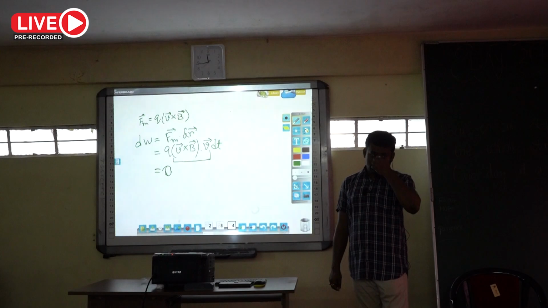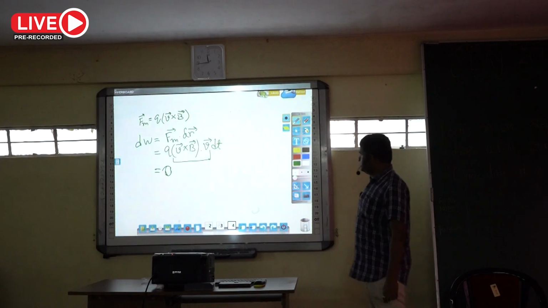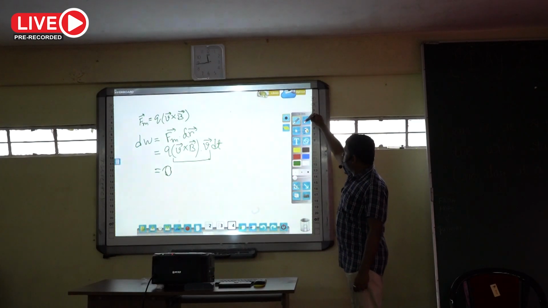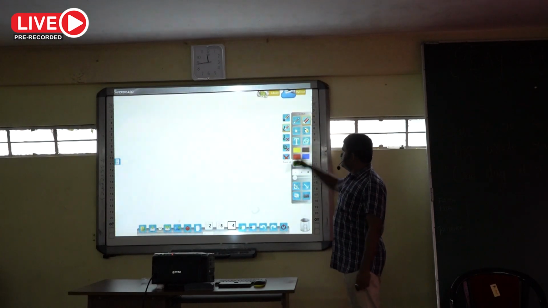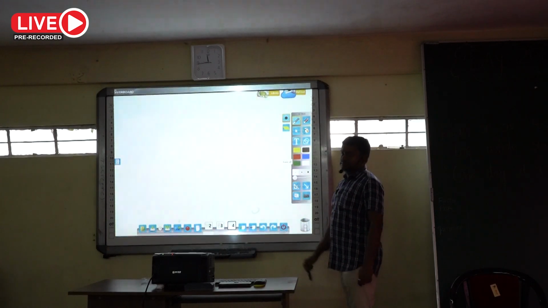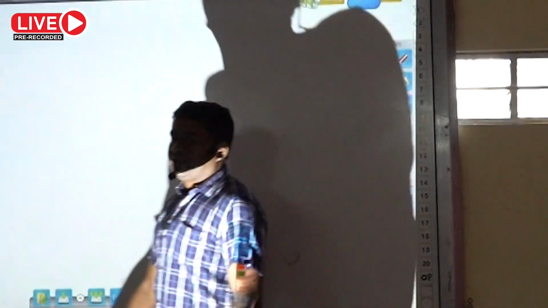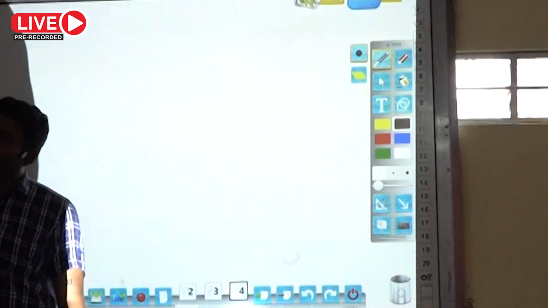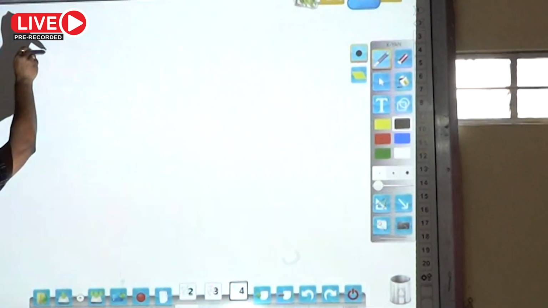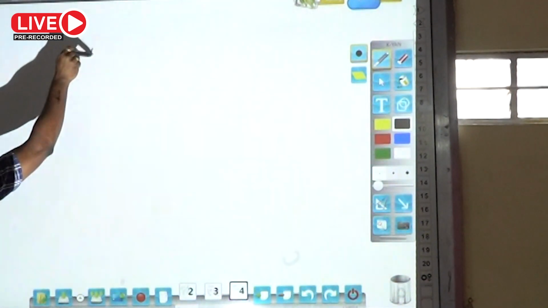Now, generally when we draw magnetic field lines in the diagram, we will show the magnetic field by this symbol.